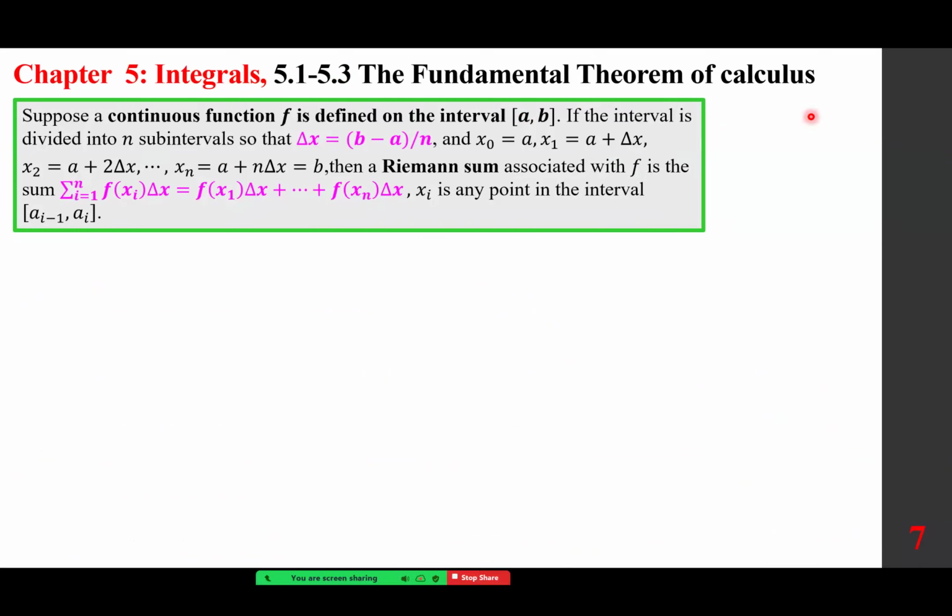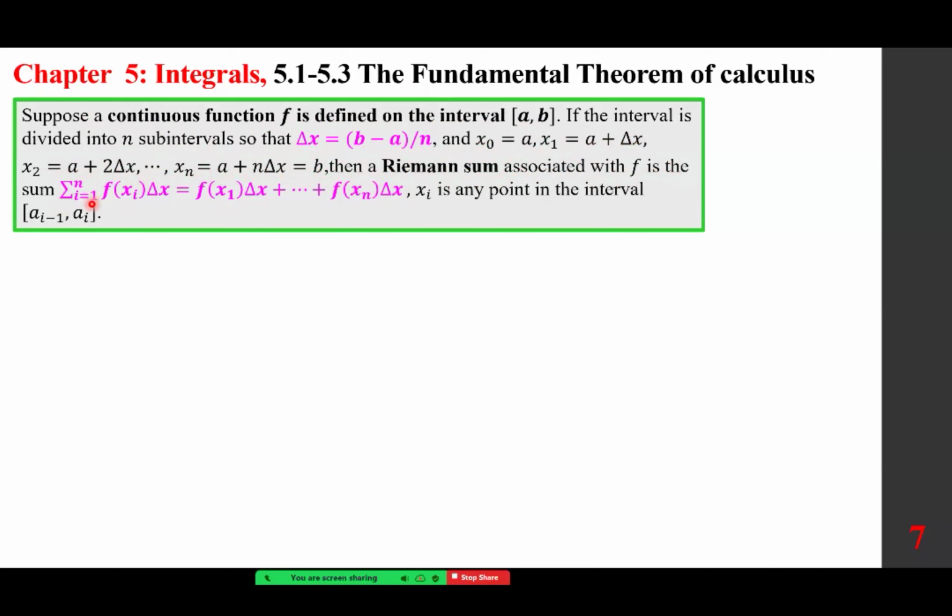The fundamental theorem of calculus. Suppose a continuous function f is defined on the closed interval of a to b. If the interval is divided into n subintervals, so that delta x is b minus a over n, and x sub 0 is a, x sub 1 is a plus delta x, x sub 2 is a plus 2 delta x, all the way to x sub n is a plus n delta x, which is b, then a Riemann sum associated with f is the following sum.